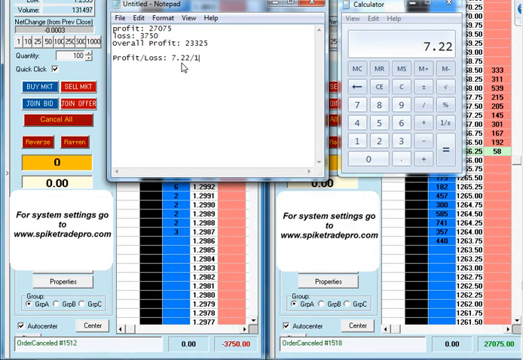And if you're new to trading, this is profit to loss, and you want to operate your business exactly like that, a business. This is accounting, basically: profit $27,075, losses, and then you have your bottom line, $23,325. That's the way you want to operate your business.